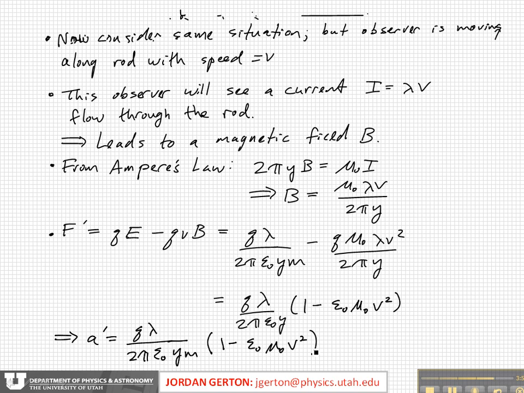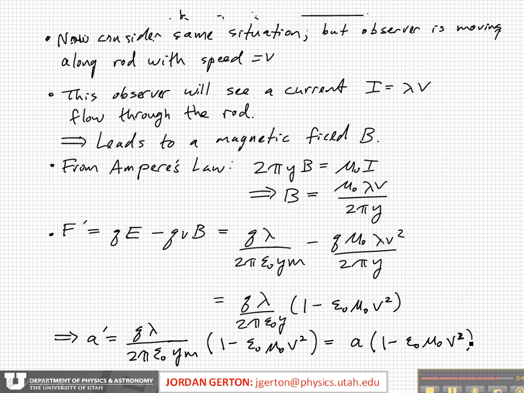Now we've simplified this, and we recognize that this factor out front is actually just the acceleration which we calculated in the reference frame which is at rest with respect to the charge distribution.